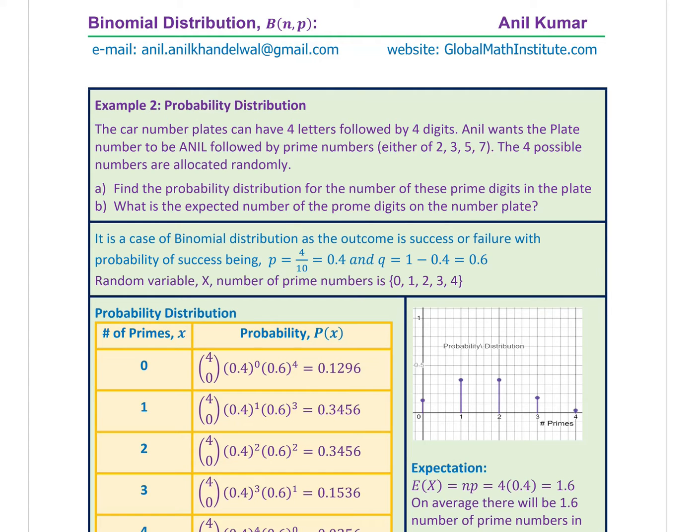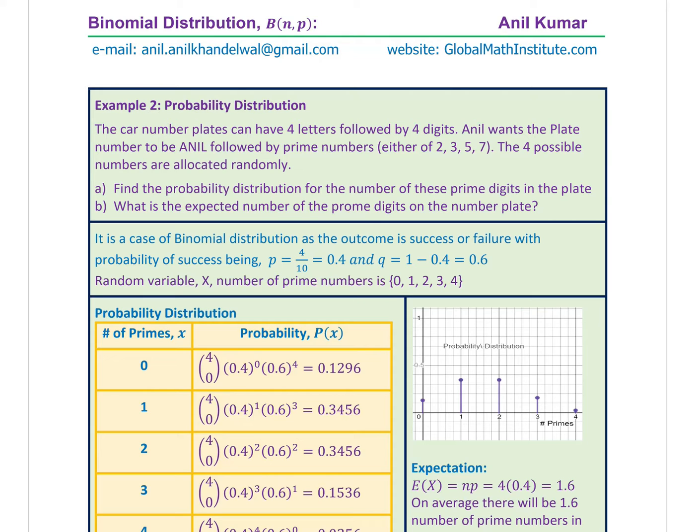The question here is, the car number plates can have four letters followed by four digits. Anil wants the plate number to be ANIL followed by the prime numbers, either 2, 3, 5, or 7. The four possible numbers are allocated randomly. So this is what Anil wants, but he will get randomly some number for the car plate, right?